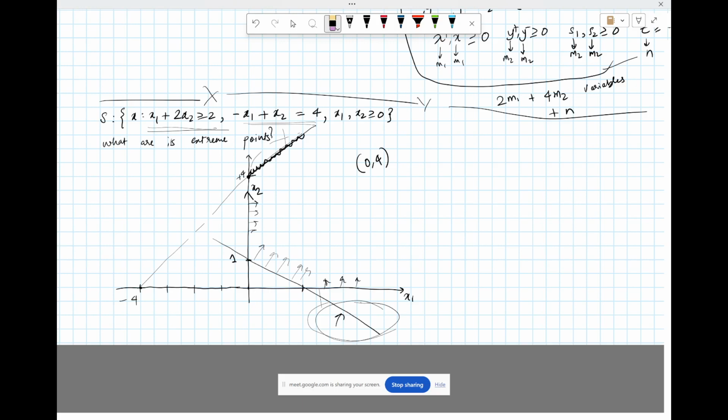So the reason is, I can get this constraint by the other constraints, or rather, I can get the first constraint by a linear combination of these two.